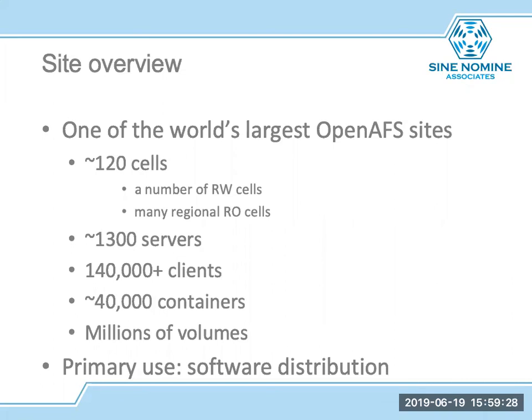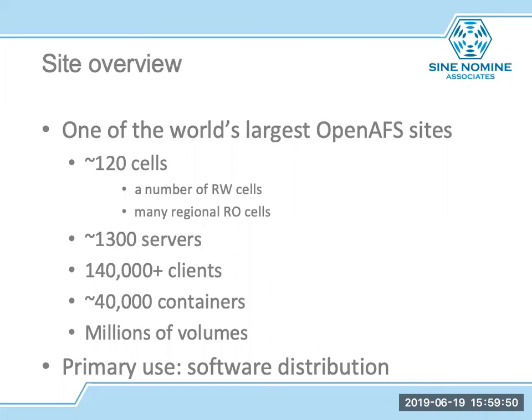Another reason to have multiple OpenAFS cells that are in different geographic areas, rather than having one large cell that is geographically distributed, is because of the latency of communicating between the different servers over a wide area over a long time.